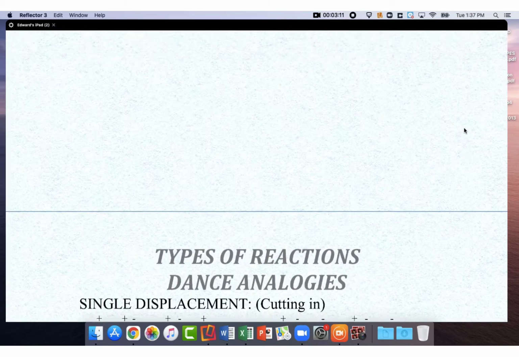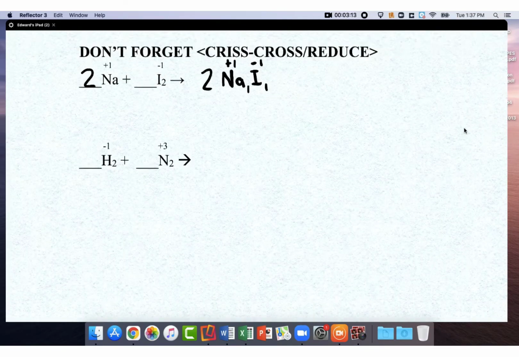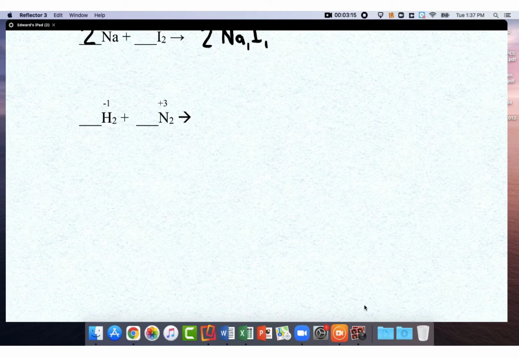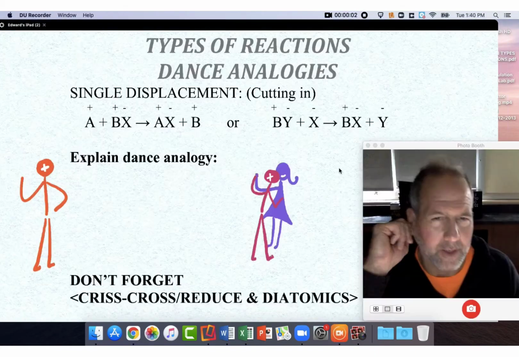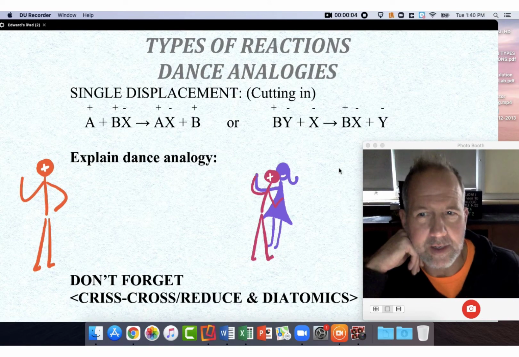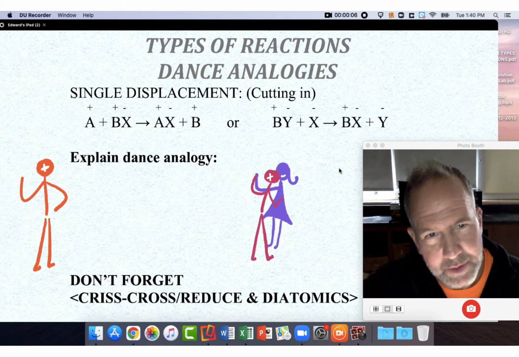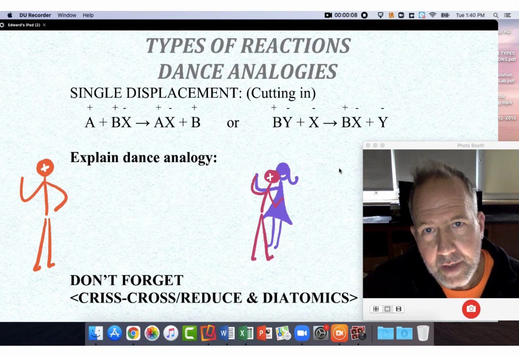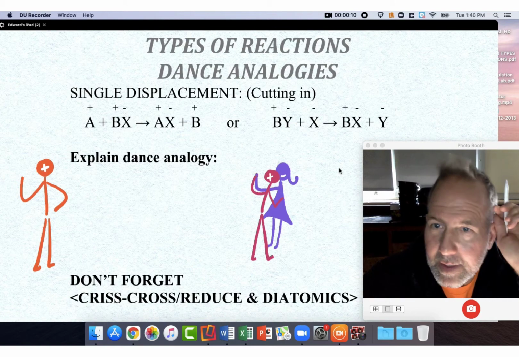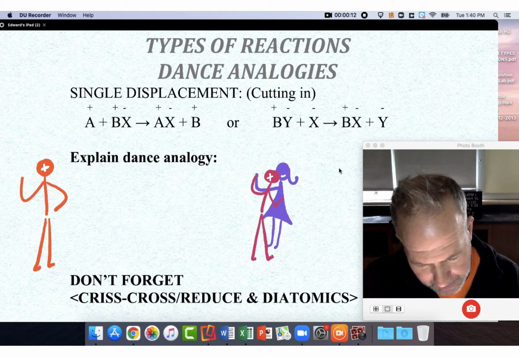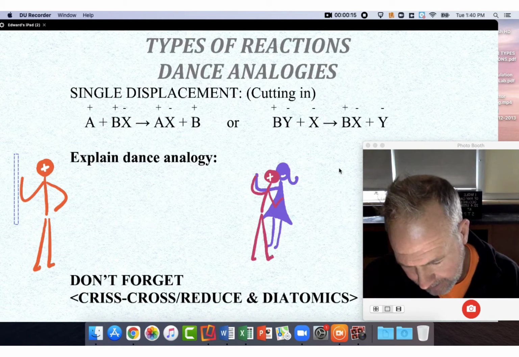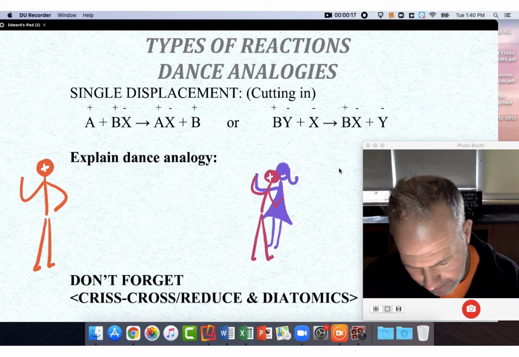All right, our second type of dance. And Miss Purple over there, but things are about to change. All right, so what we got going on here is a new guy enters the dance, and he says, I think I would like to cut in.